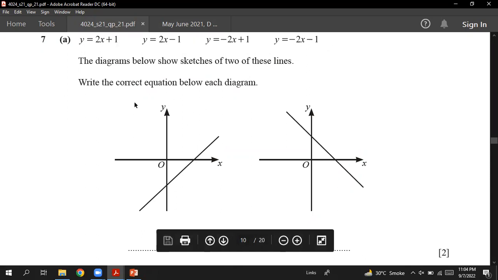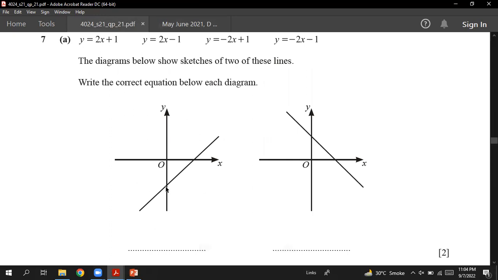So you can see this line has a positive gradient and its y-intercept is a negative number. So this is the equation. You remember that y = mx + c.